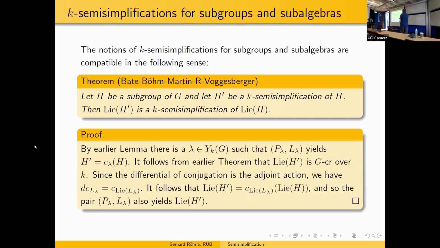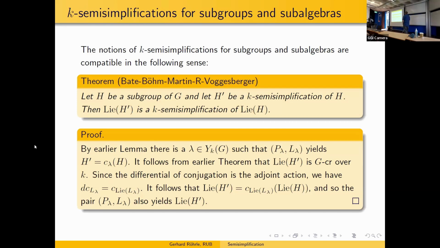By this earlier lemma, every semisimplification is yielded by a pair P_lambda, L_lambda, and then the H prime is really the c_lambda of H. So it follows from this other theorem I showed you that the Lie algebra of H is G-completely reducible over K because H prime is G-completely reducible over K. And then the differential of conjugation is the adjoint action.